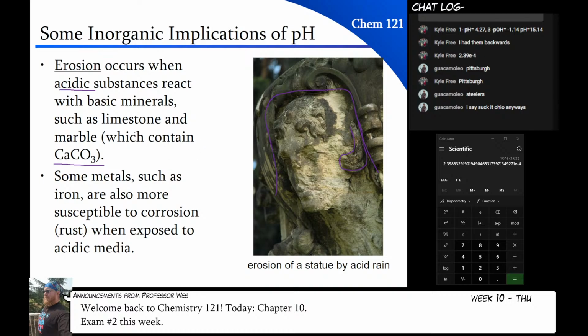Obviously, these are not desirable things for civilization because we produce metals. We produce really cool art and sculpture, and those sculptures can use basic materials like plaster of Paris and stuff like this. And we don't want that to be destroyed by our hubris.